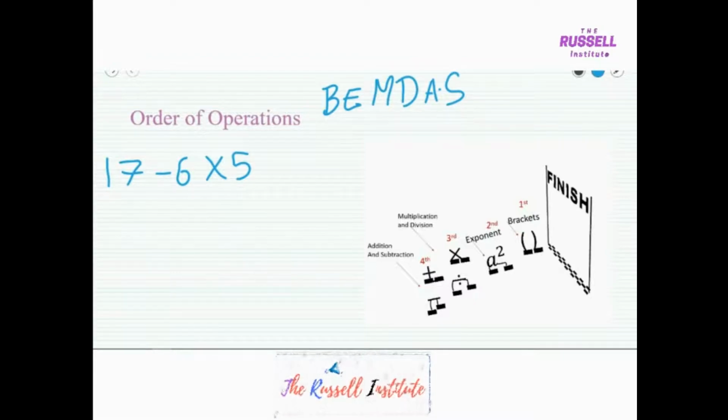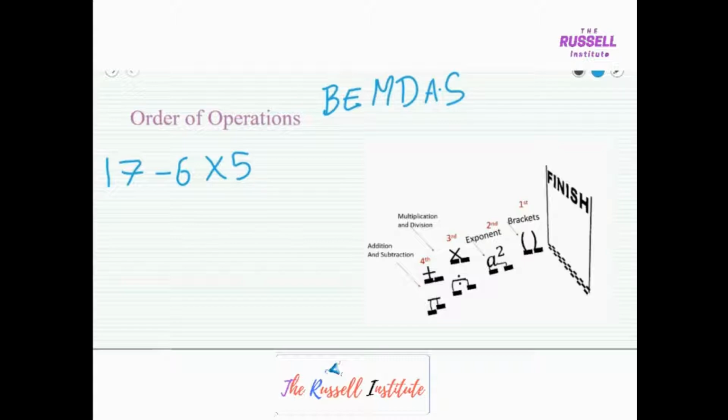We much more commonly use E, exponent, or even power. So I prefer that to the O. So I say BEMDAS. That means brackets first, exponent second, multiplication and division third, addition and subtraction fourth.